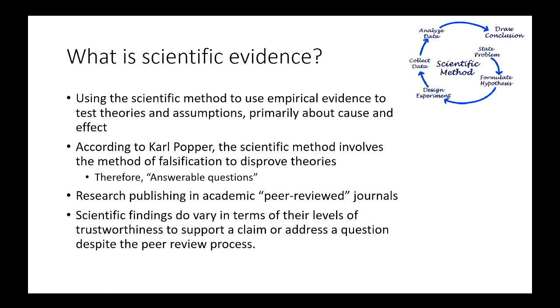Generally, research in science is published in scientific journals, which are peer-reviewed journals. What is peer review? It's a process by which academic experts in a particular subject review and evaluate the work of others. Let's say someone like me submits their work.